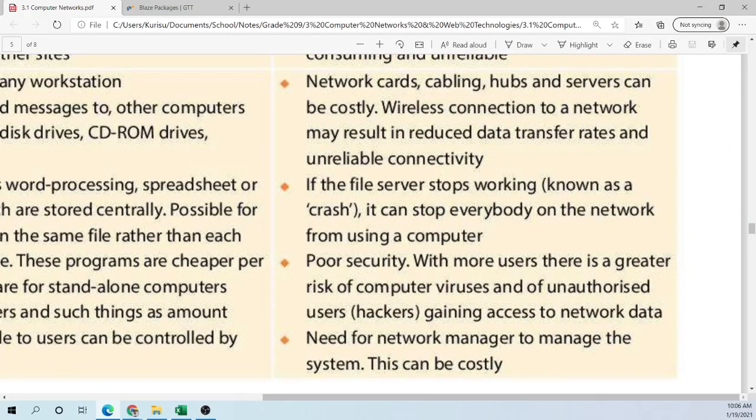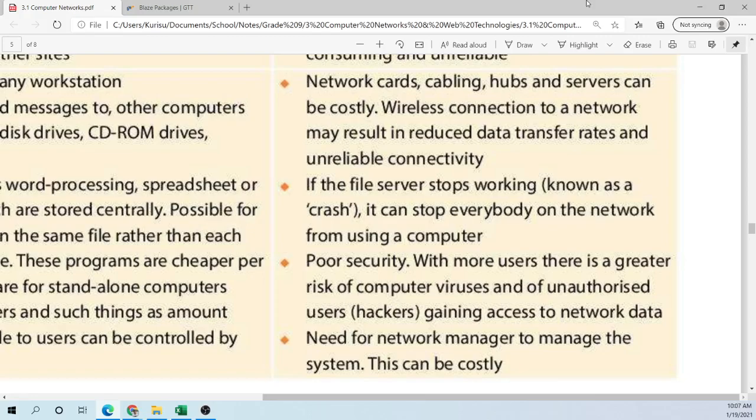Now, but what are the disadvantages of a networked computer? What's the disadvantage? Let's have Jonathan. Yes, sir. You're reading the disadvantages. I'm reading from network cards. Yes. Network cards, cabling, hubs, and servers can be costly. Wireless connection to the network may result in reduced data transfer rates and unreliable connectivity.